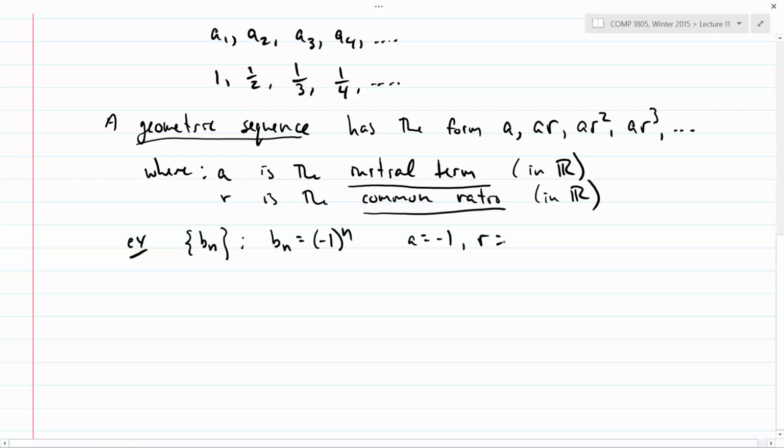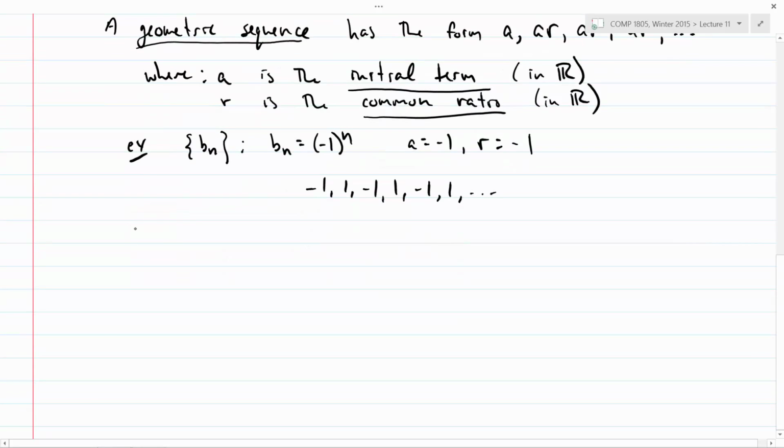And r, the common ratio, is minus 1, because to get to the next term, you multiply the previous one by minus 1. Now, this is minus 1 assuming that it starts at 1. If you started at 0, then it would be 1. Okay? So what does the thing look like? It looks like minus 1, 1, minus 1, 1, minus 1, 1, and so on. That's an example of a geometric sequence.